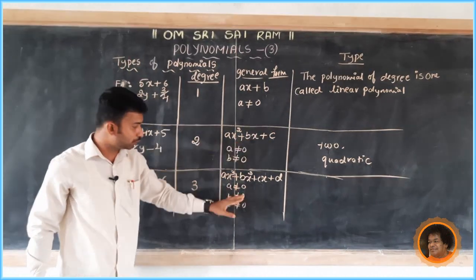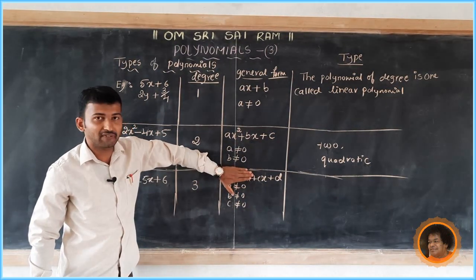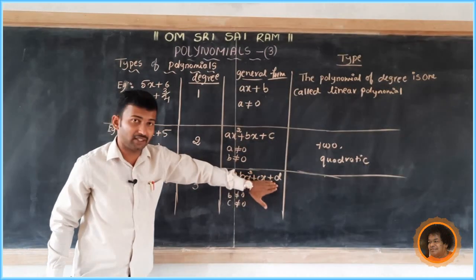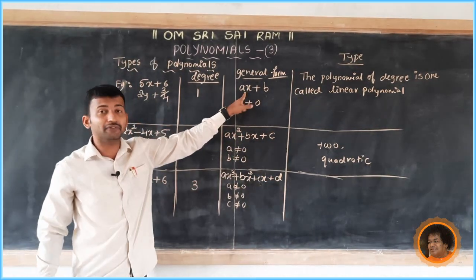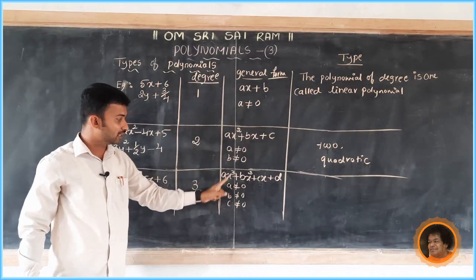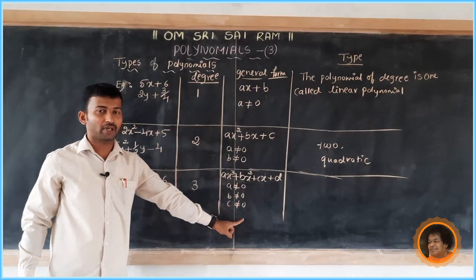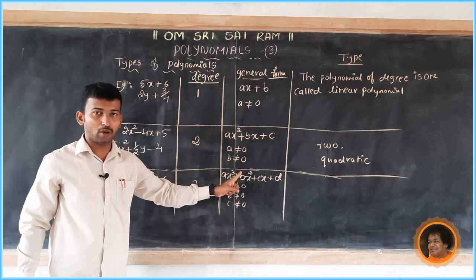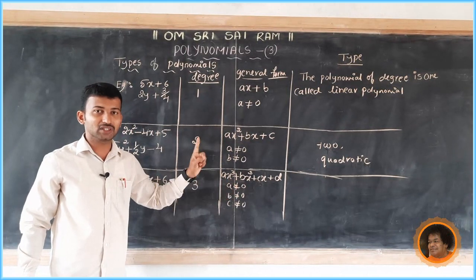If you substitute b also 0, the first 2 terms will vanish, we get cx plus d. What about cx plus d? cx plus d is the general form of linear polynomial. Therefore, the constraint is a, b, c not equal to 0. And the highest power of the variable is 3, and we call it degree 3.